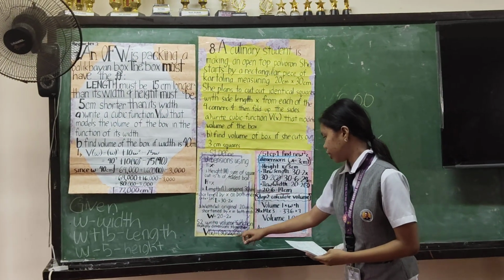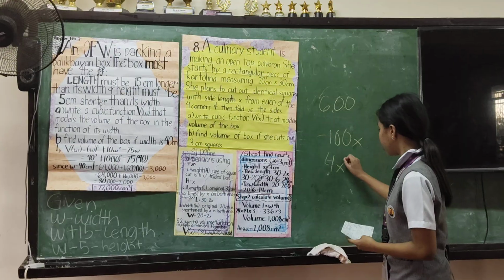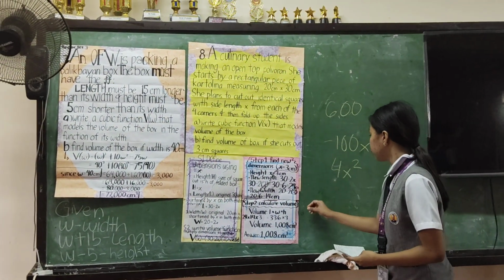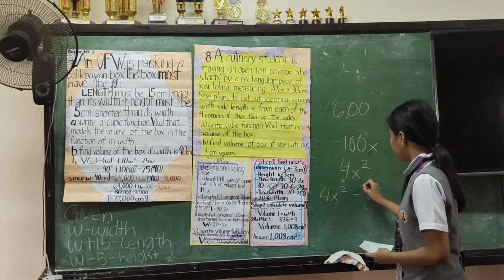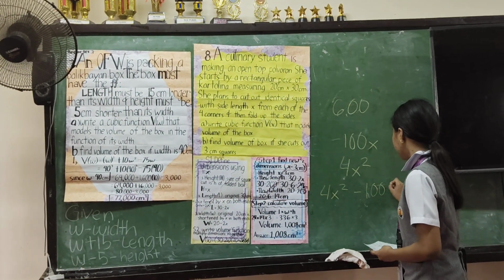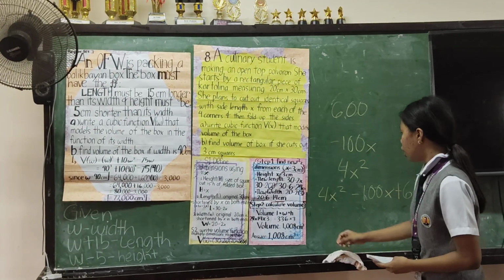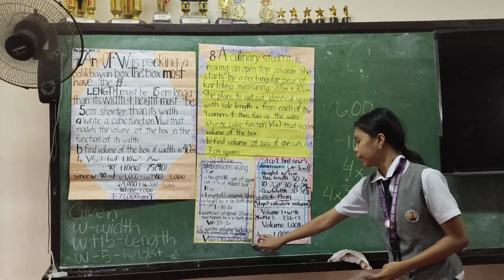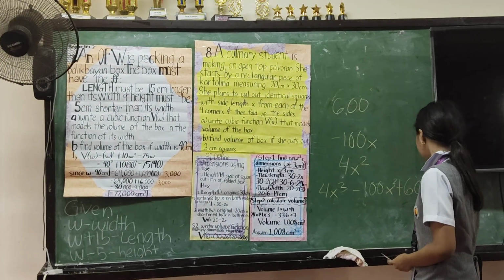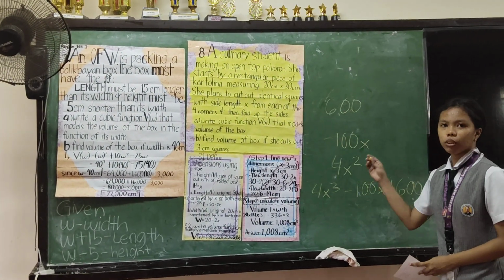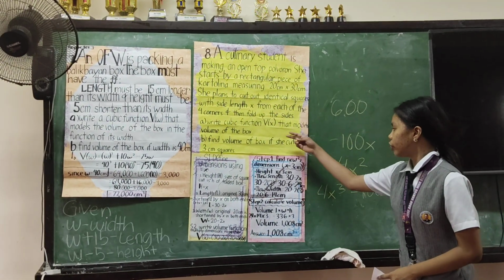And the last term gets us 4x squared. We can represent it as 4x squared minus 100x plus 600. Since meron pa tayong isa pang x, magiging cube ito, ito magiging squared, ito magiging x. So isi-substitute lang po natin yung values of x with 3.